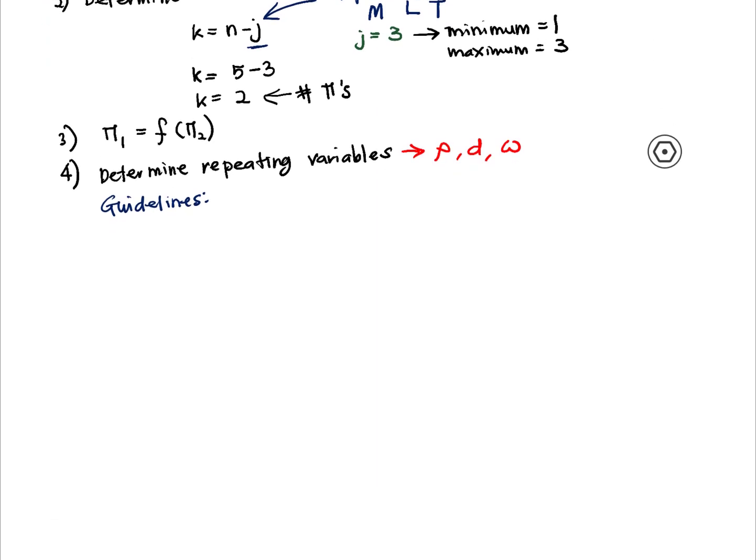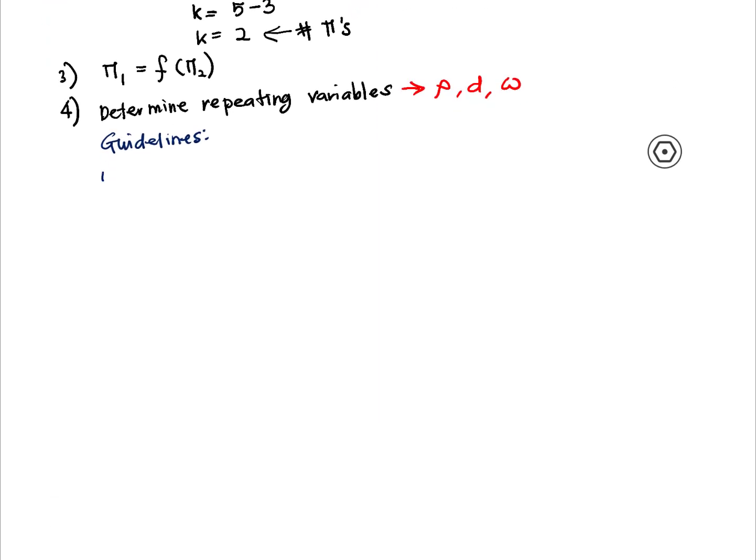So what is the guideline? First, never pick dependent variables. What does it mean?